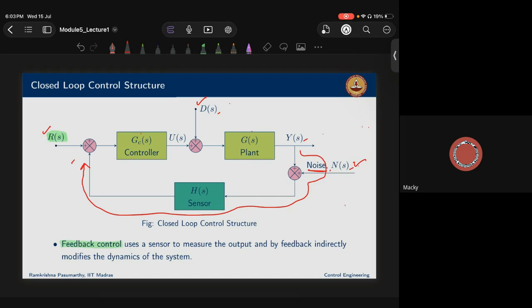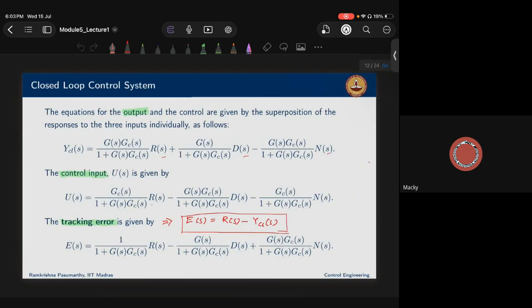So here in the first case, what we do? We make D of s 0, N of s 0, and find Y of s by R of s. We get this expression. That is the transfer function.